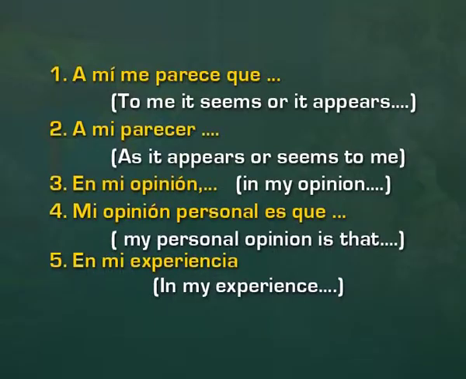These could be, for example, a mí me parece que, o a mi parecer, en mi opinión, or mi opinión personal es, etc. You may also use the verb encontrar to express your opinion on certain things.